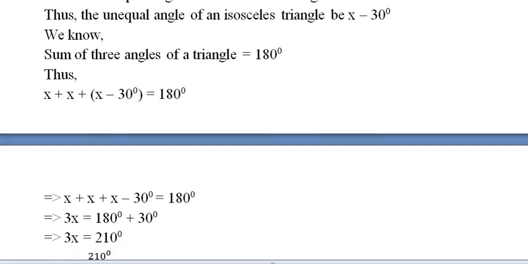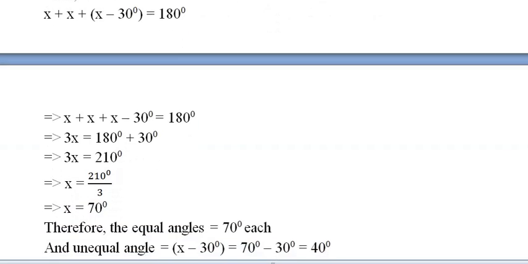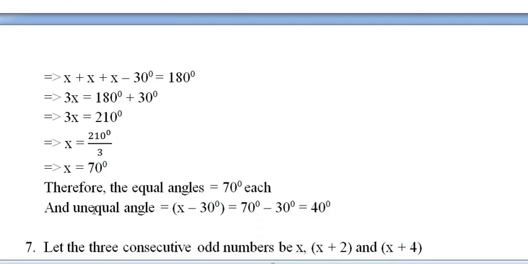Now find the value of x. Therefore, the equal angles will be 70 degree each, and the unequal angle will be x minus 30, that is 40 degree. So this is your equal angle and this is your unequal angle. You can write like this.